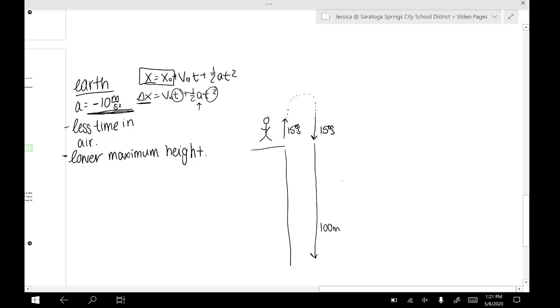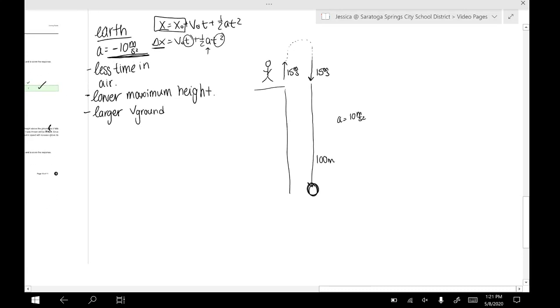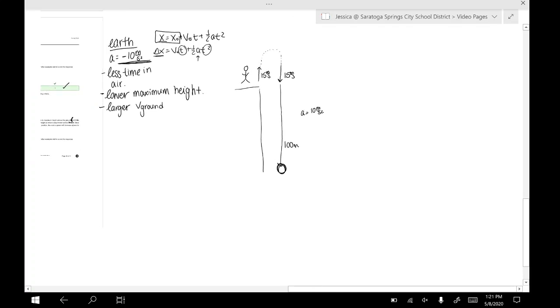But instead of accelerating at 5 meters a second squared like we did on planet X, that acceleration is 10 meters a second squared downwards. Which means this speed right before we hit the ground is going to be greater because we're being pulled downwards with a larger force, so we have a larger speed at the ground.